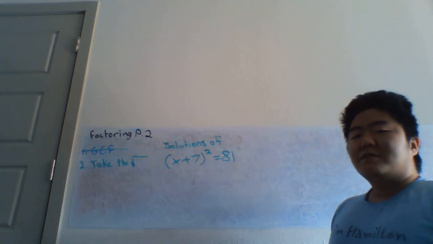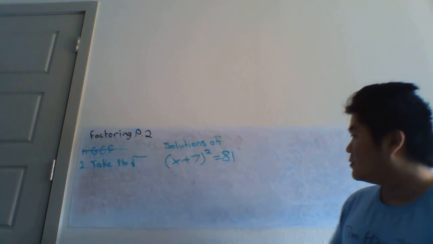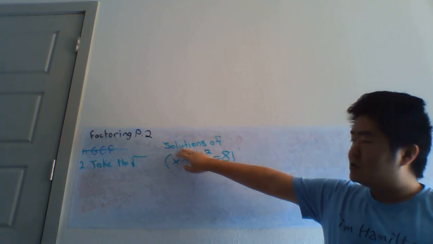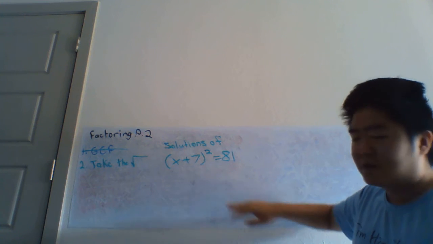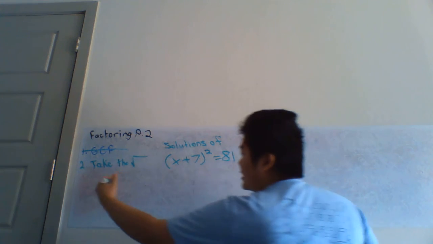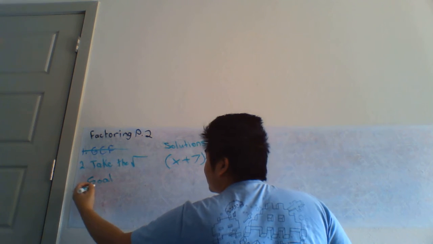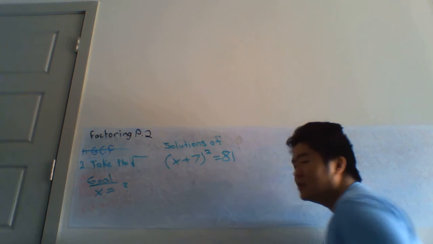All we actually have to do is take the square root. Okay, so what you're looking for, when you say we're looking for the solutions, we're really trying to get x equals something, right? That's our big goal. Whenever you're looking for solutions, you're always looking for x equals something.